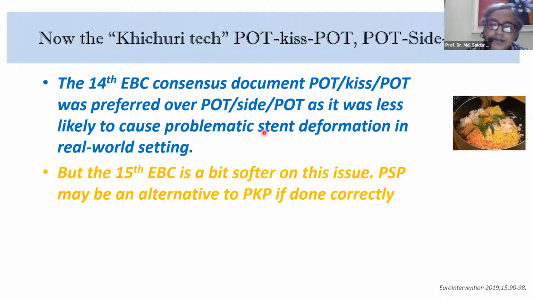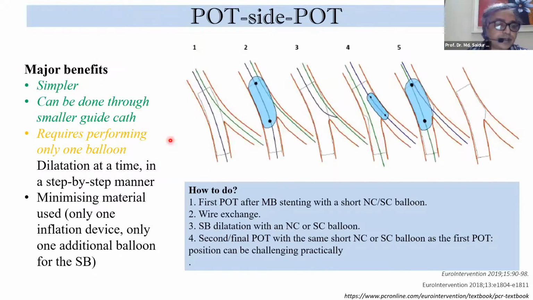In the 14th EBC, POT-side-POT did not get that much favor, but in the 15th EBC, because of its simplicity, it has got some popularity. What is the benefit? Because it is simple, and you don't need two balloons to do a simultaneous inflation.